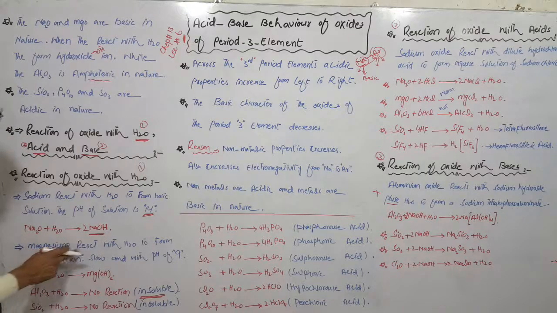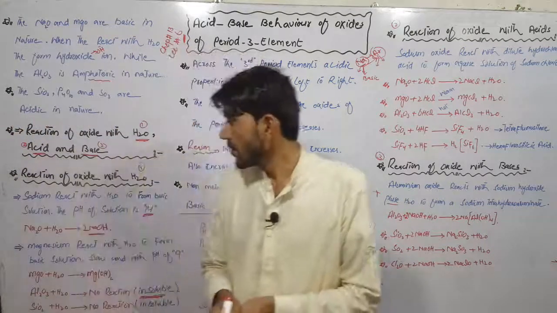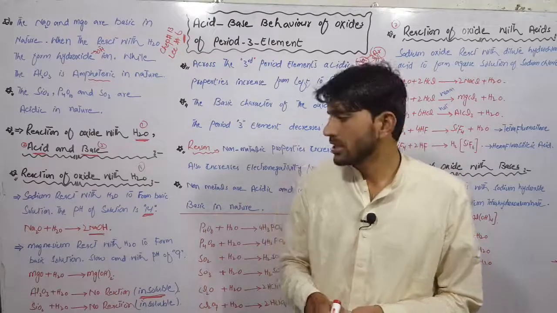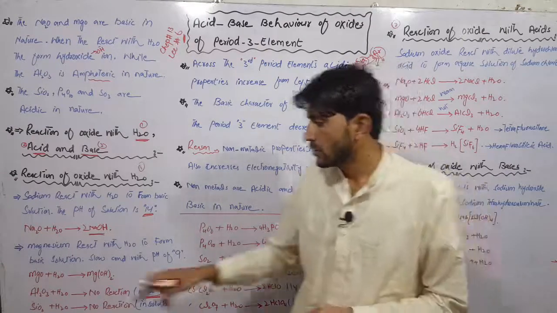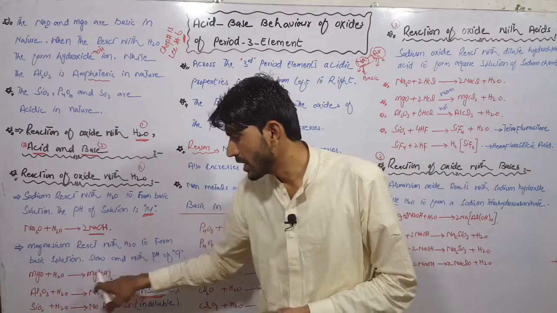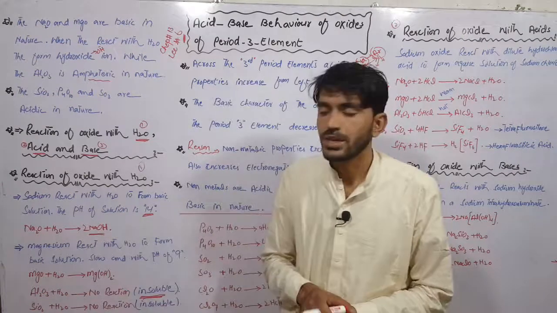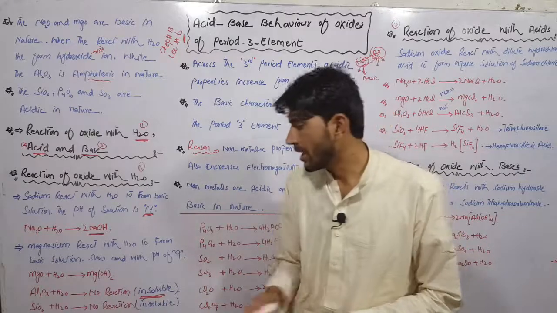Magnesium oxide reacts with water to form a basic solution, but it is a slow process with a pH of 9, producing magnesium hydroxide. Aluminum oxide, when reacting with water, shows no reaction because it is insoluble in water.